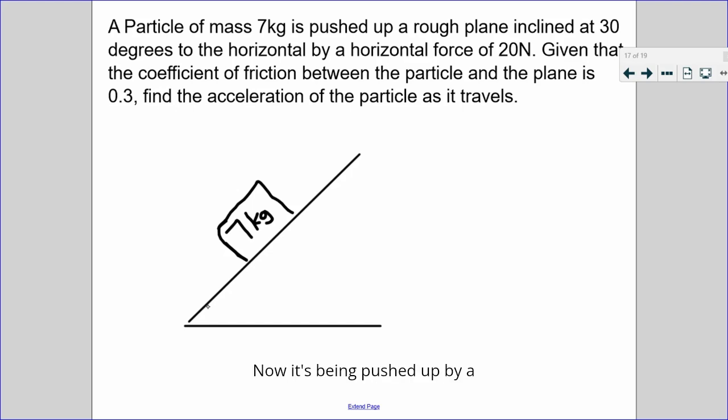Now it's being pushed up by a horizontal force of 20 N. Okay. Now this force is horizontal, which means it's acting like this horizontally.